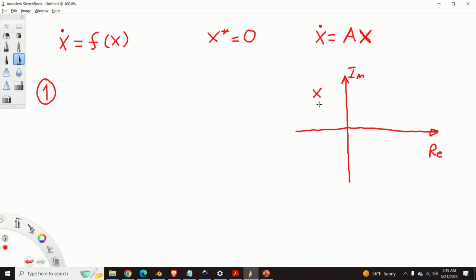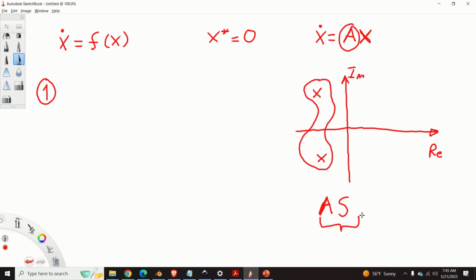And let the eigenvalues of this matrix A be located strictly in the left half of the complex plane. That is, they cannot touch the imaginary axis or pass the imaginary axis. In this case, the equilibrium point x star is equal to 0 of the linearized system is asymptotically stable.